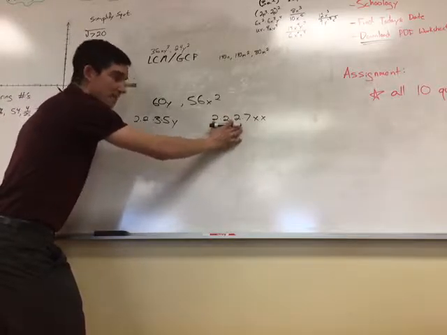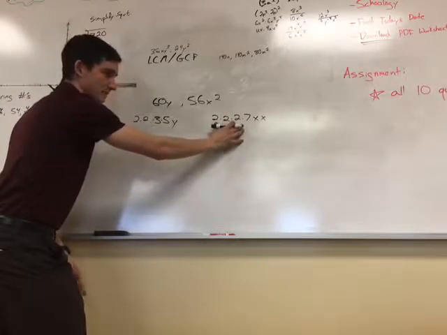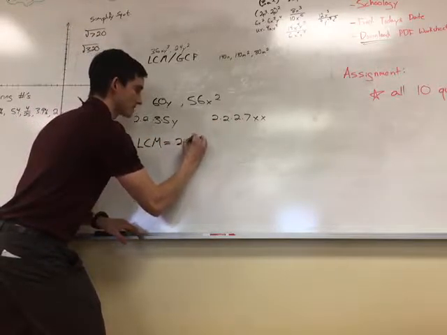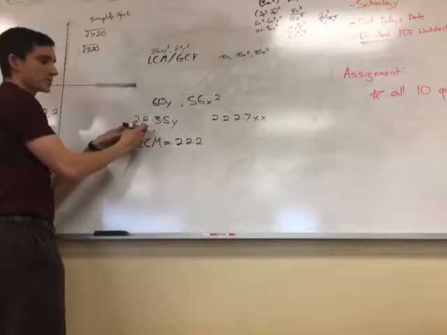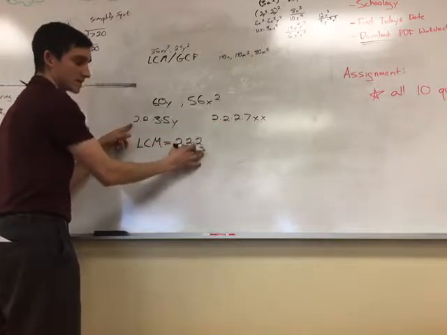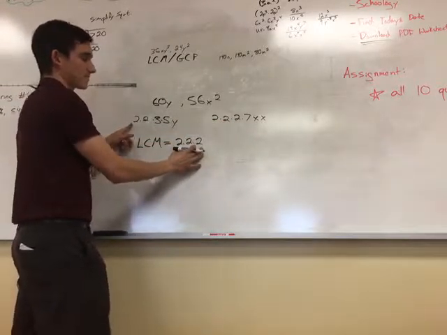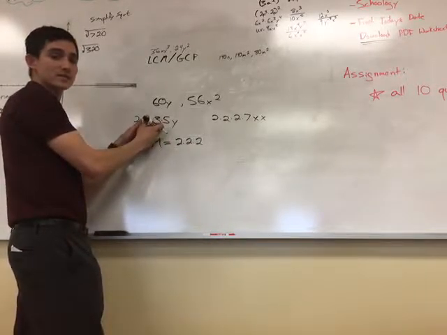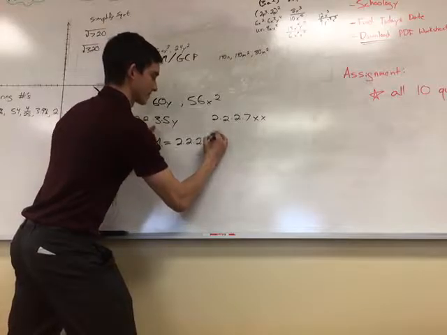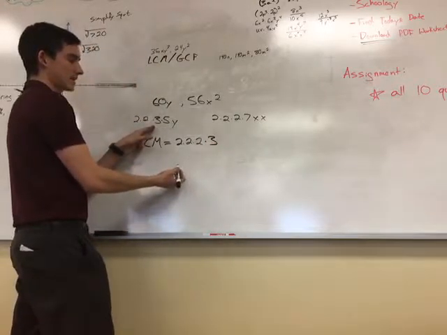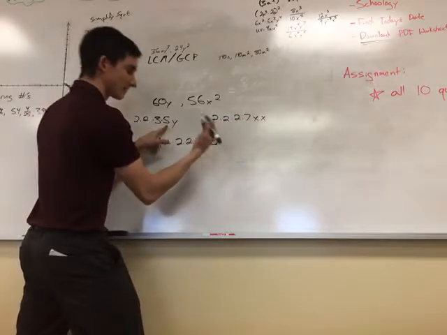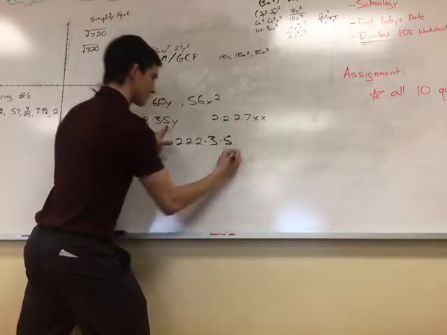So this one minimally needs all 3 2's to be created. So in my least common multiple, I need all 3 2's: 1, 2, 3. This one only needs 2, but because this one has 3, I'm going to need 3 2's in my LCM. This one has a 3, so it needs a 3 to be created. So I need a 3. If I see the number 5, even though this one doesn't have it, with my LCM, I need a 5.